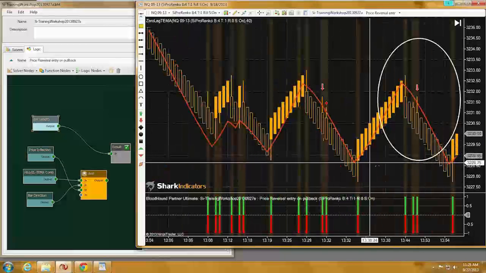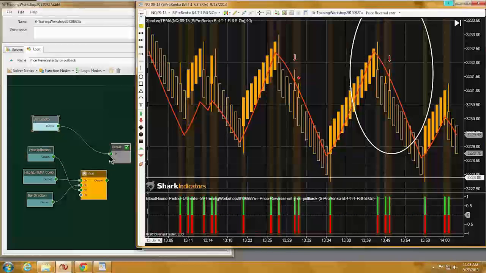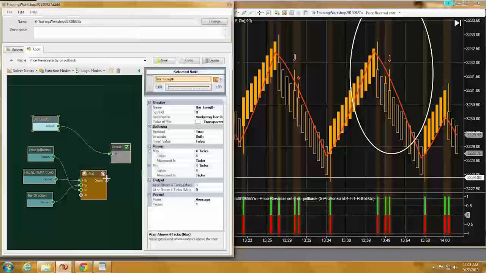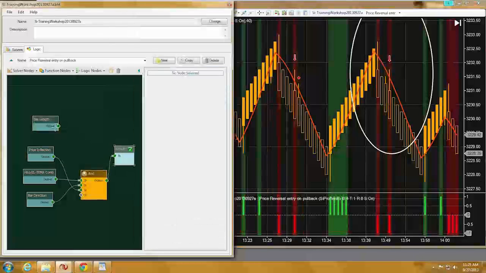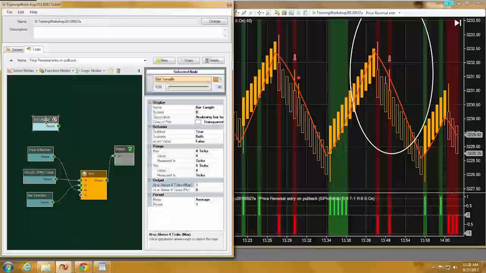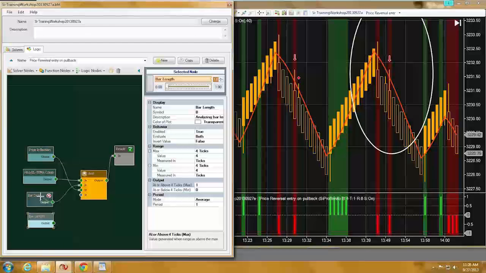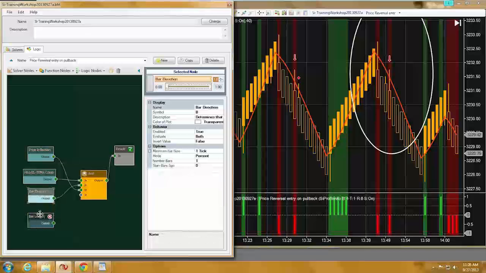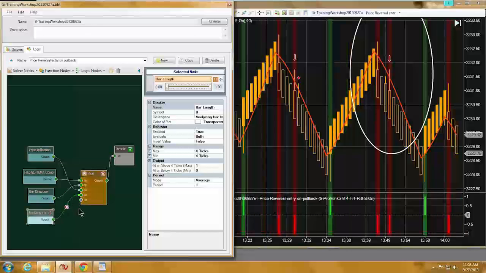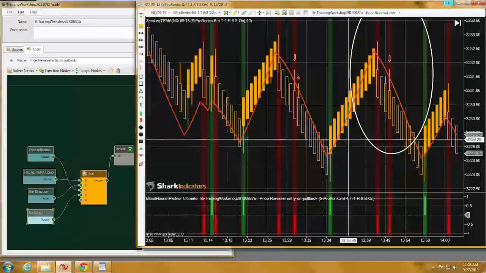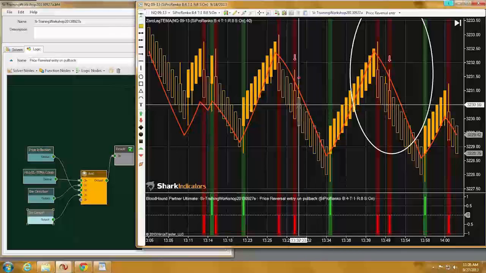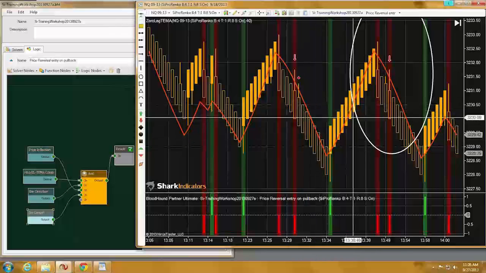So let's go back to where our signals are. And I will just plug this into the AND node as an additional filter. All right, so that eliminated some additional signals here.